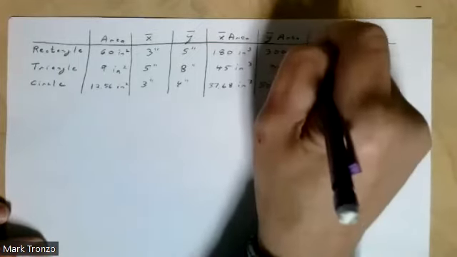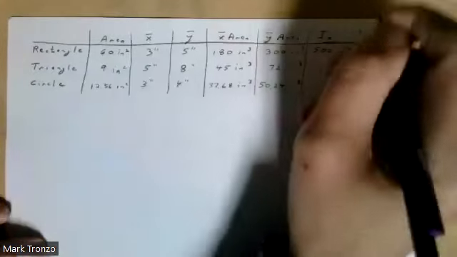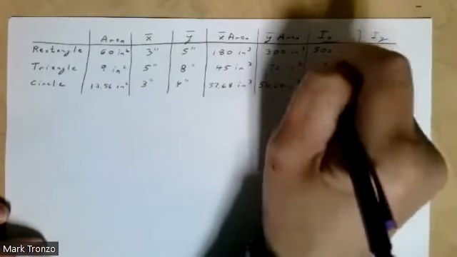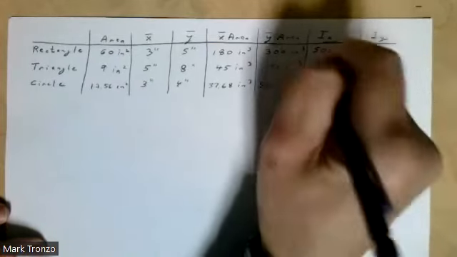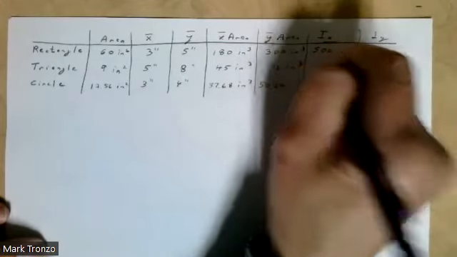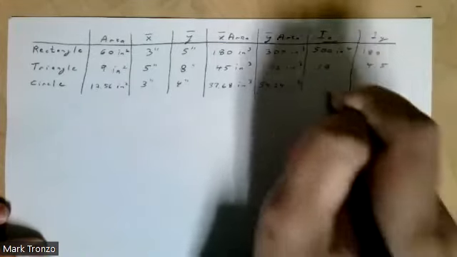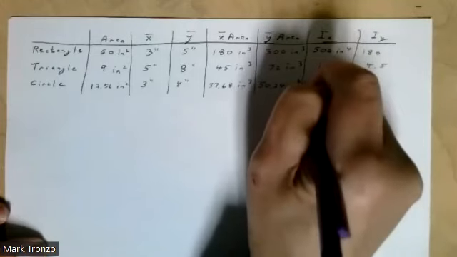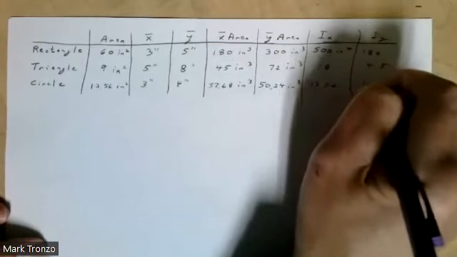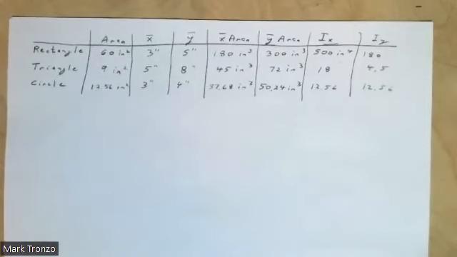For each one, this was 500 inches to the 4th, 180, 18, 4.5, 12.56, 12.56.